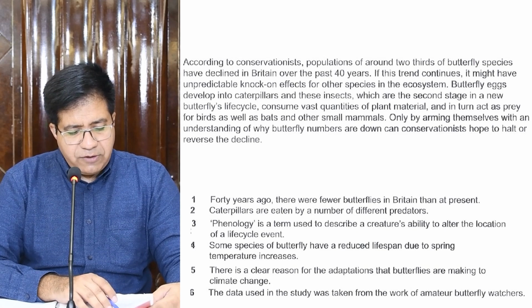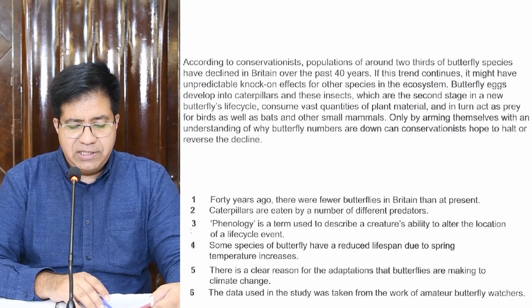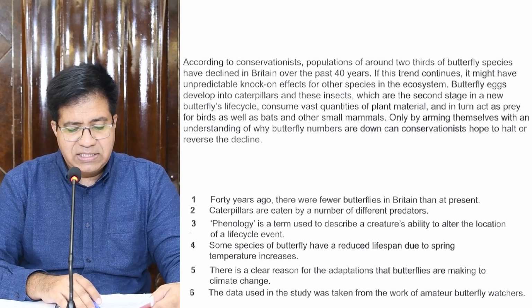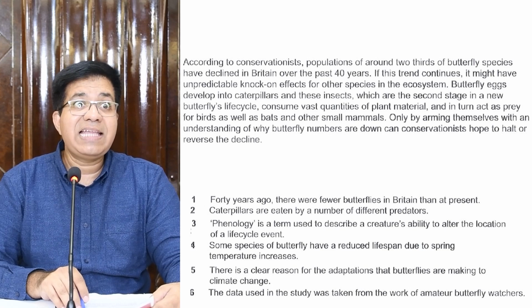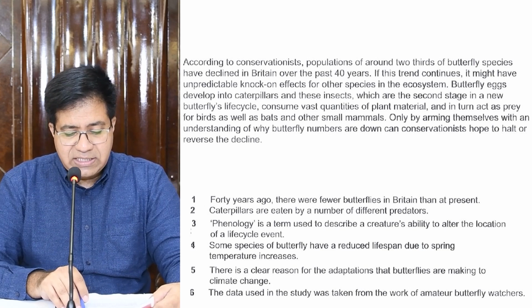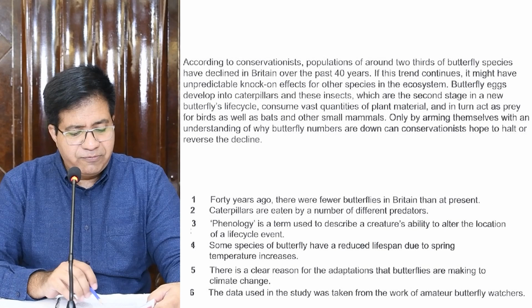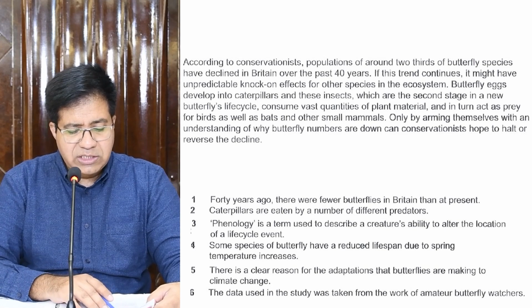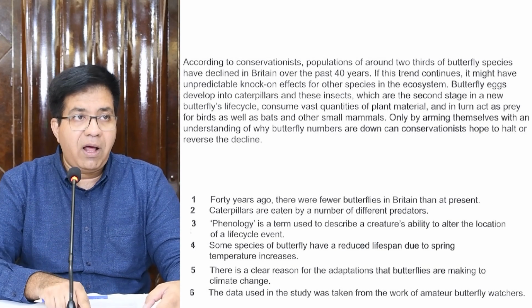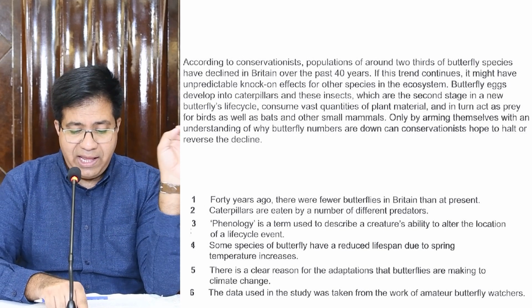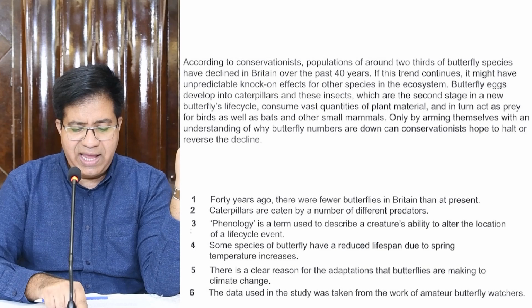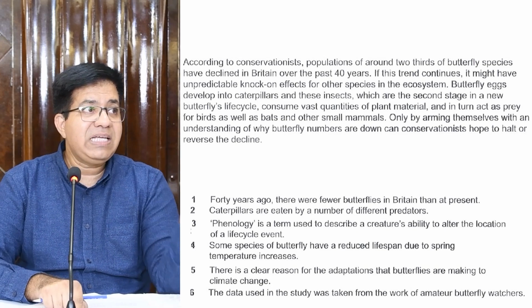I'm going to read it from there. Develop into caterpillar, and these insects, which are the second stage. What do they mean by these insects? Caterpillars, exactly. Second stage in a new butterfly's life cycle, consume vast quantities of plant material. Who consume? Caterpillars consume. And in turn act as prey. Now prey means hunt.